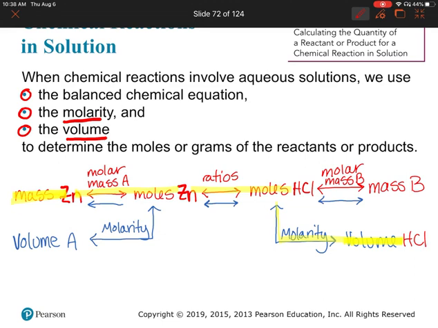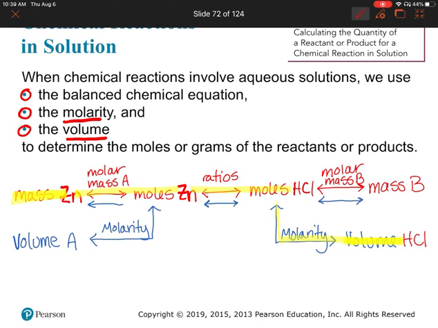You would just use that middle part of the flowchart. Or if you were just converting from mass of zinc to moles of zinc, you would just use that part of the flowchart. Since this is a longer problem, we're using a much larger portion of this flowchart, but it all works. Hopefully this helps you organize your thoughts.